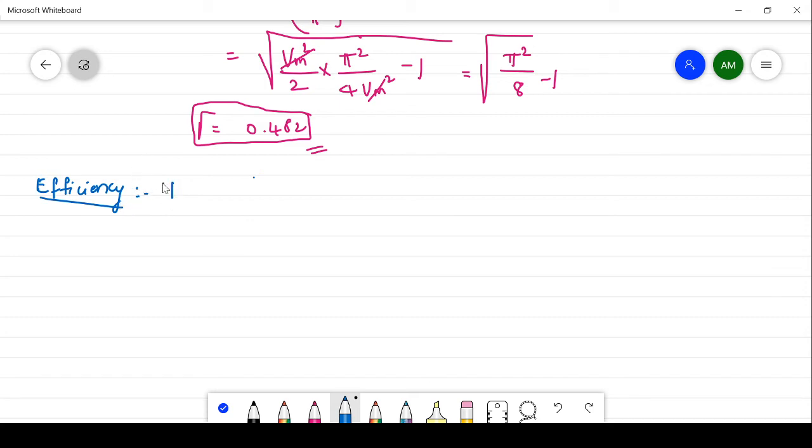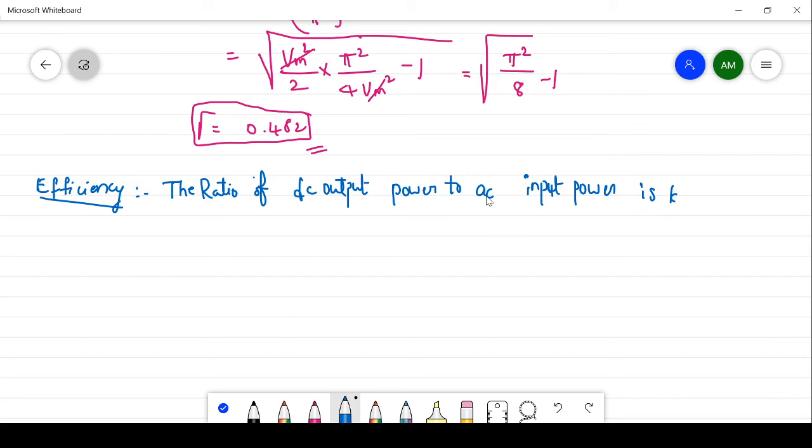The ratio of DC output power to AC input power is known as rectifier efficiency.